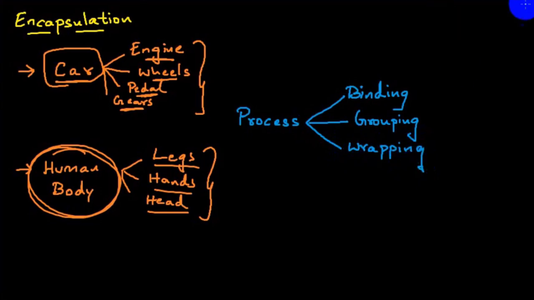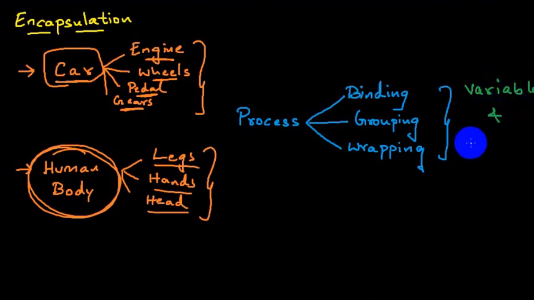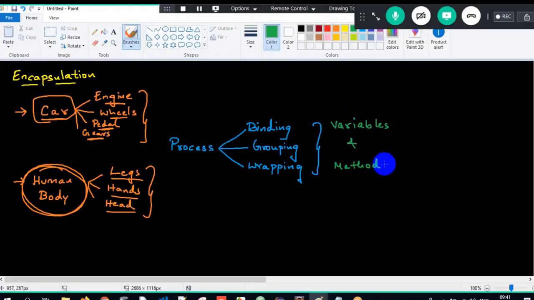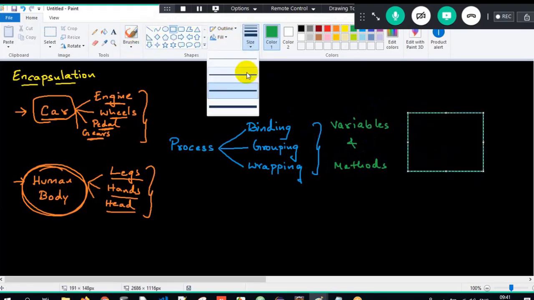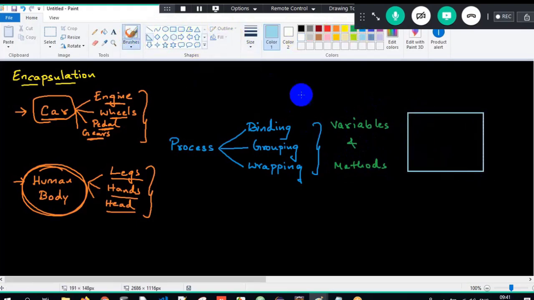Encapsulation is a process of binding or grouping or wrapping variables and methods in a single entity. We are putting them together in a single entity called a class. This is called encapsulation.